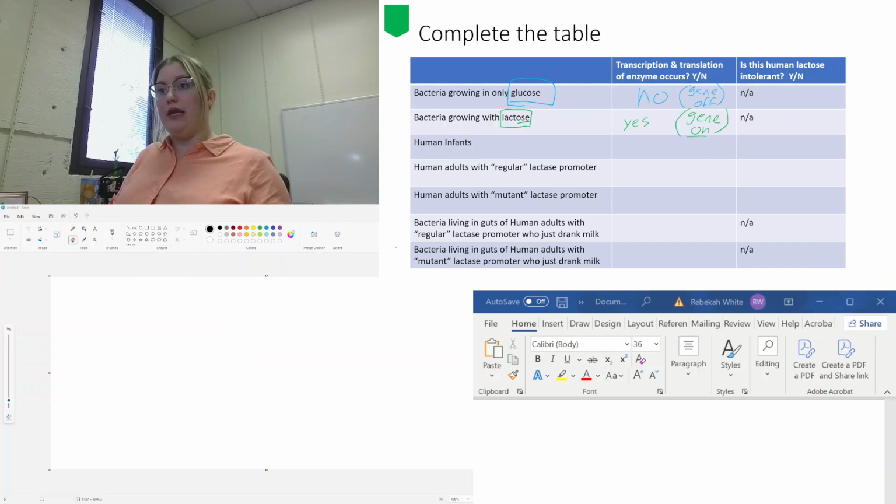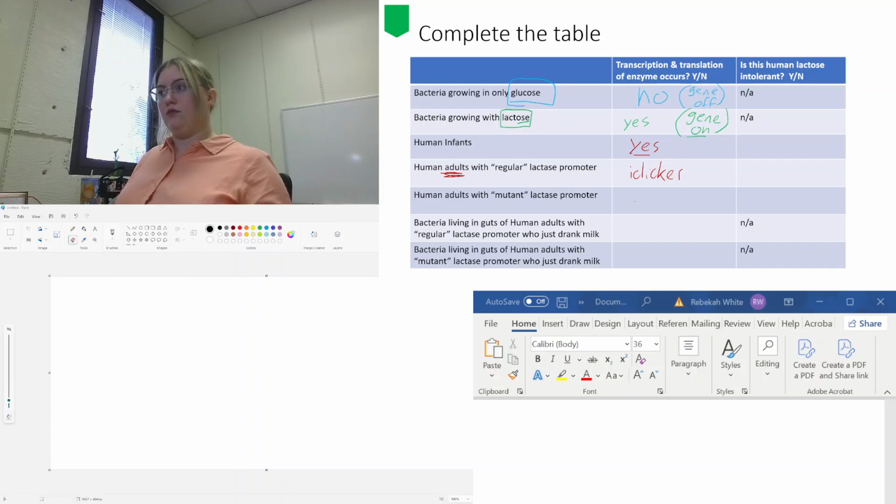In human infants, remember, human infants need to be able to digest lactose, so they will be transcribing and translating lactase. Now, human adults with a regular lactase promoter. Take a moment and answer this one in iClicker.